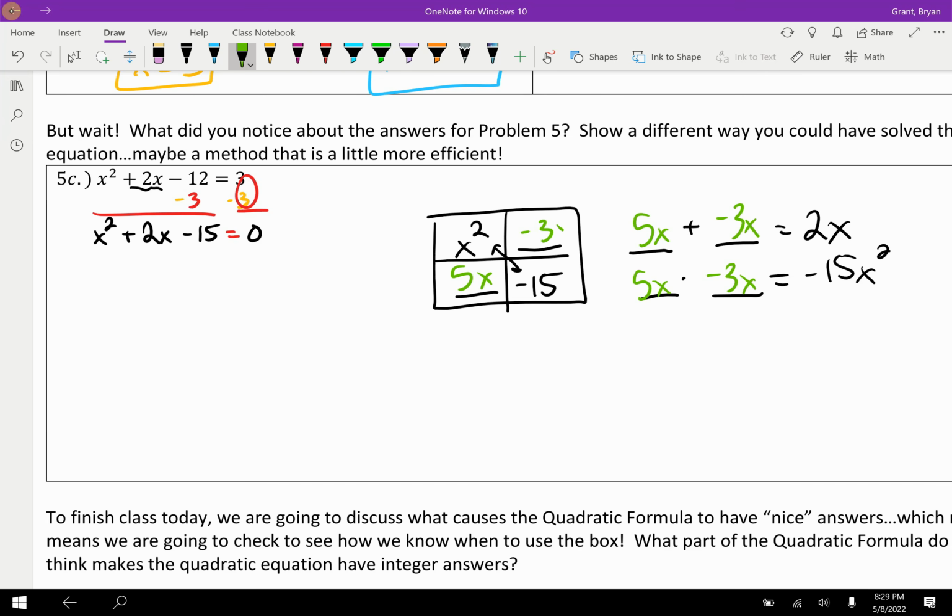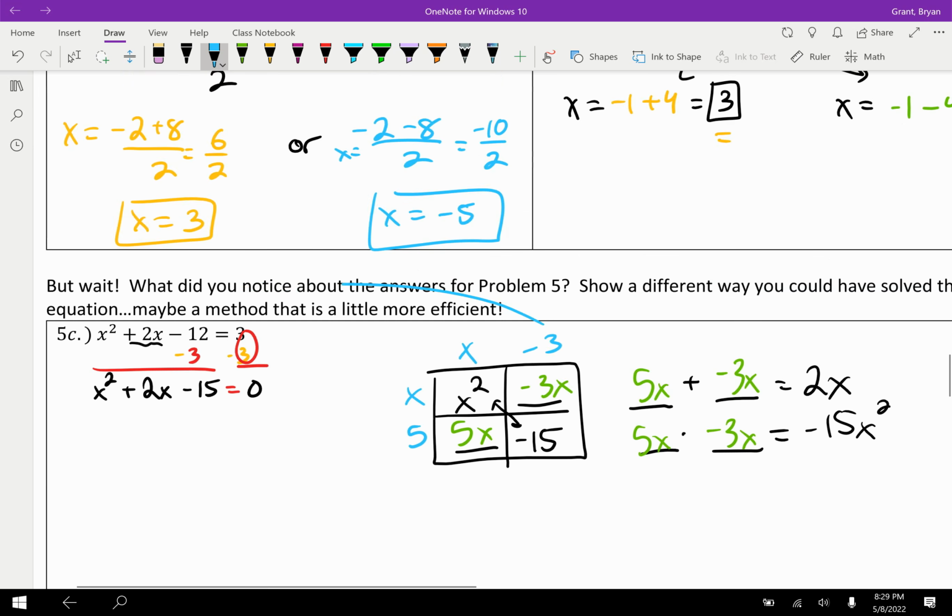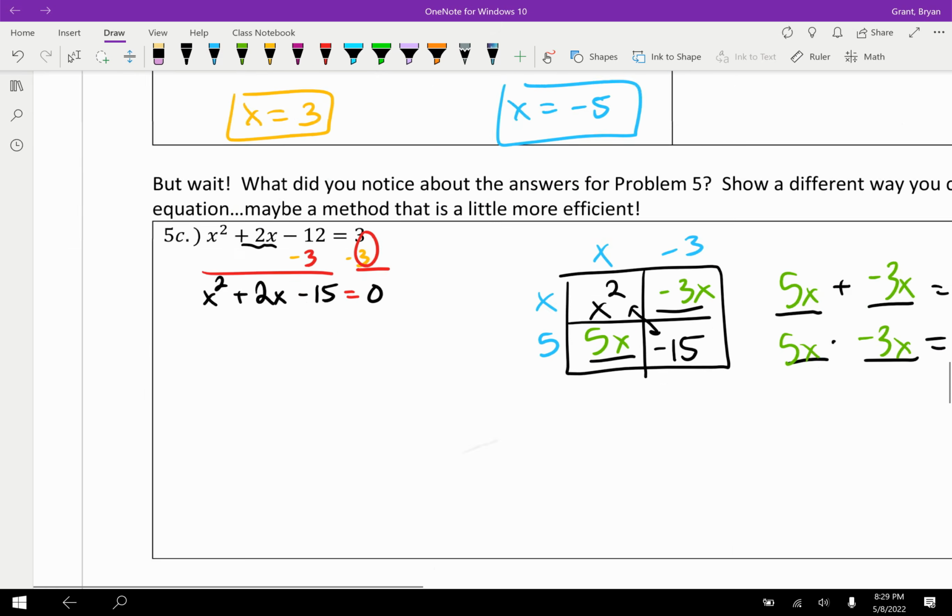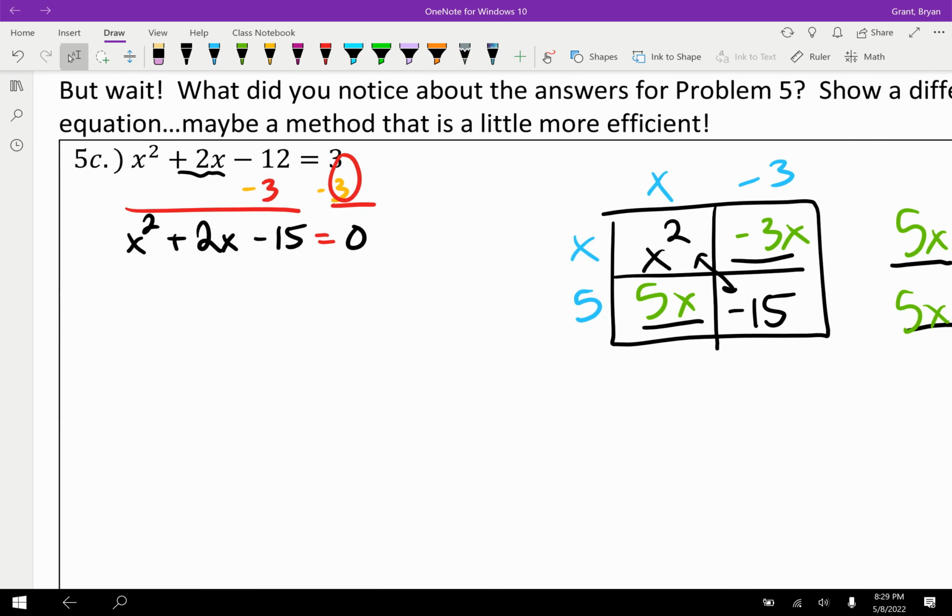Either order. And let's put the numbers on the outside. Now, a was 1, so you might have actually figured out the outsides without this extra step, and that's great. But x, negative 3, positive 5. And so we're not quite done, because negative 3 doesn't match positive 3. This was the last step, the zero product property we learned last unit. We have to write the x minus 3 times the x plus 5. Those are the outsides of our box, right?